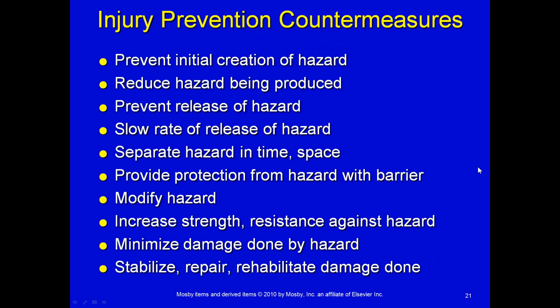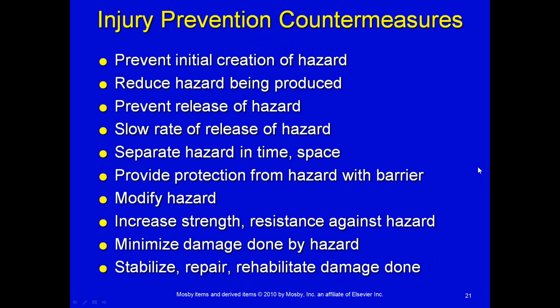Many of those things may not be as much EMS functions as they may be a hazmat team's function or a fire department's function. Separate the hazard in time and space, provide protection from the hazard with a barrier, modify the hazard, increase strength and resistance against the hazard.